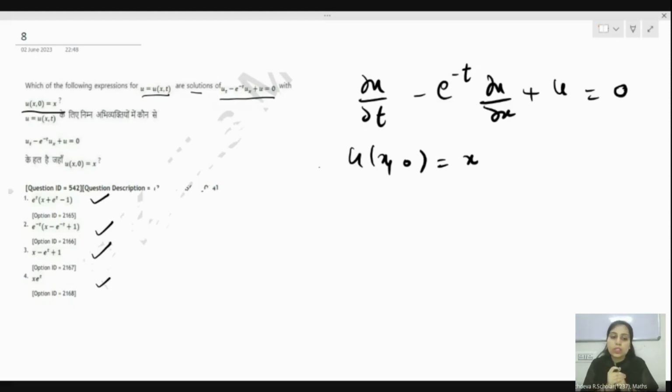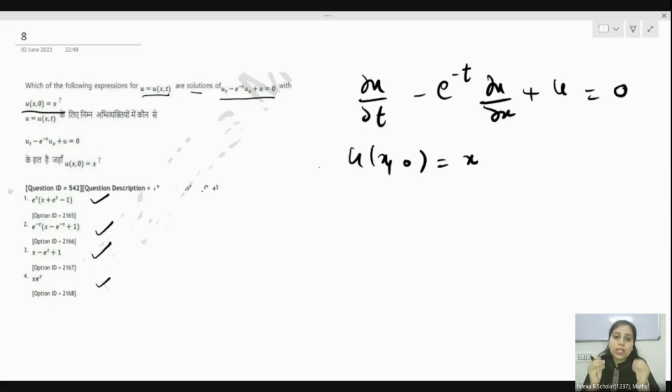So in this question, we can do one more thing. We can just try to take the options one by one, and check which one satisfies the given equation as well as the condition.